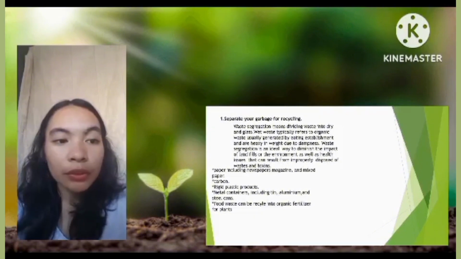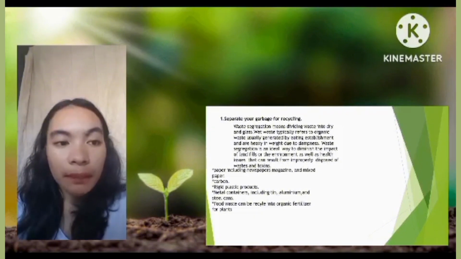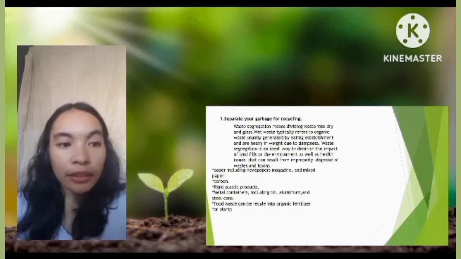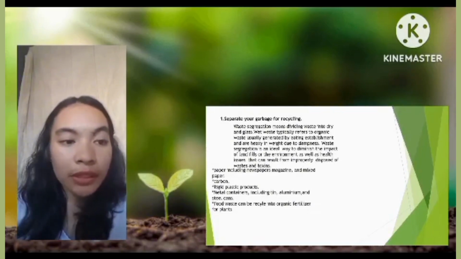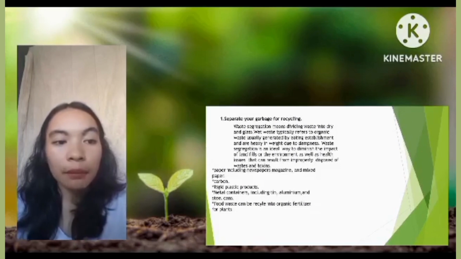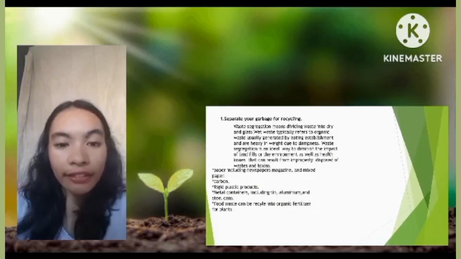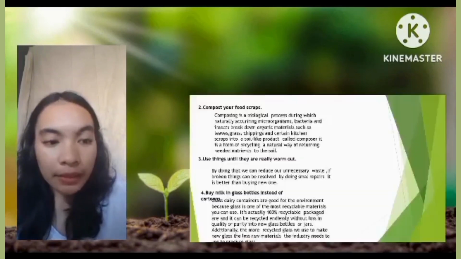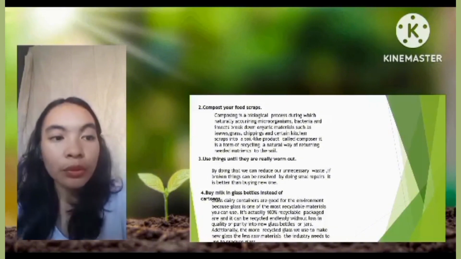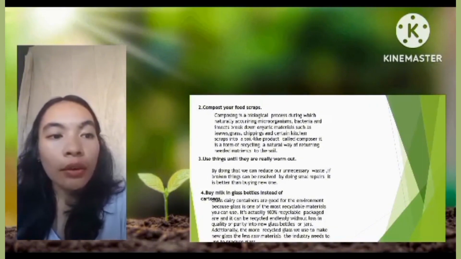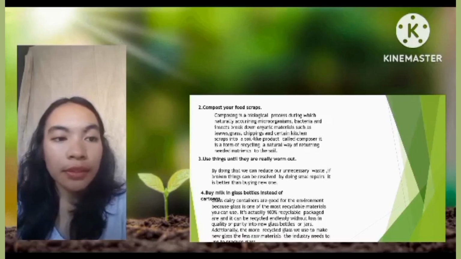Dry waste includes newspaper, magazines, mixed paper, cardboard, rigid plastic products, and metal containers including aluminum and steel cans. Food waste can be recycled into organic fertilizer for plants. Number 2, compost your food scraps.